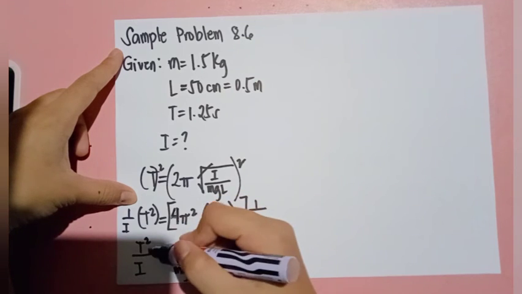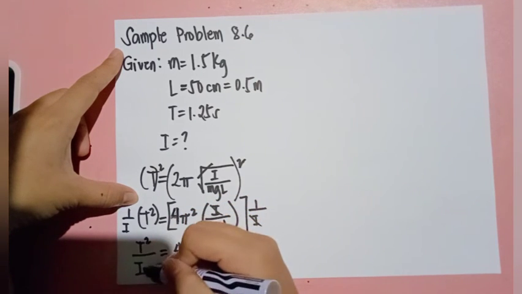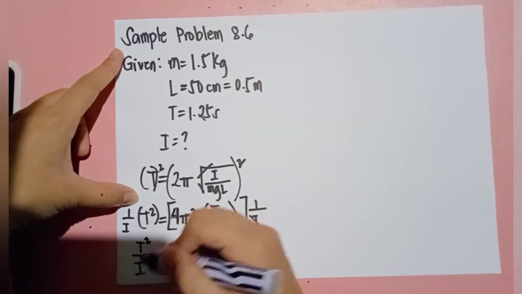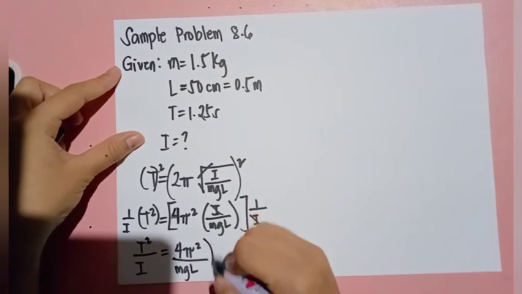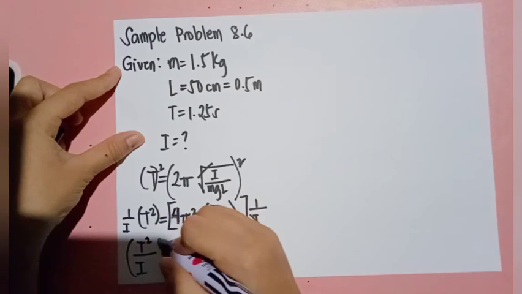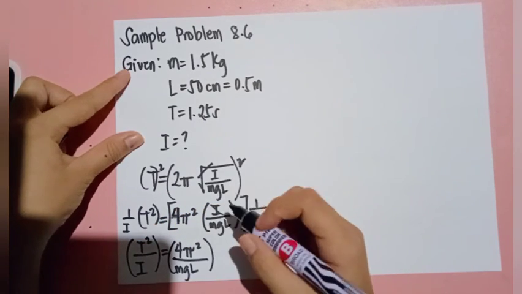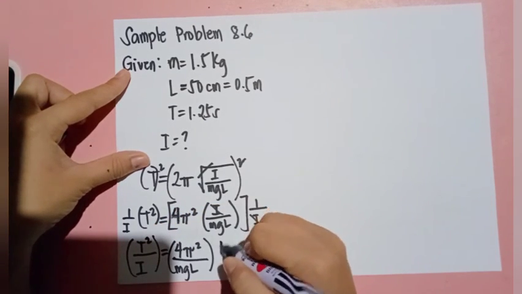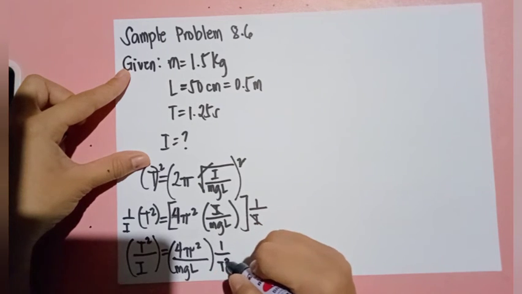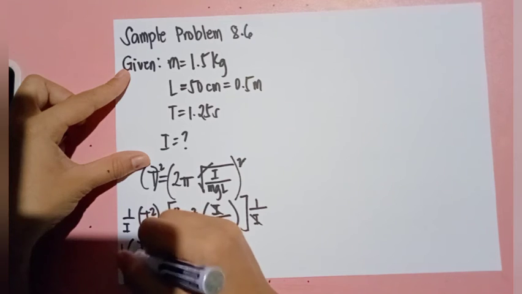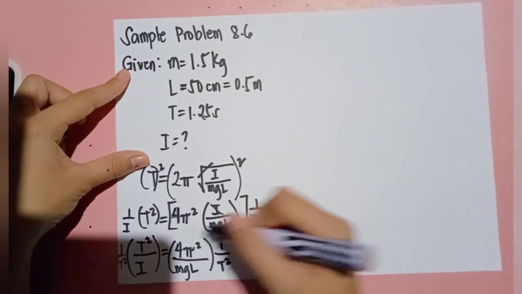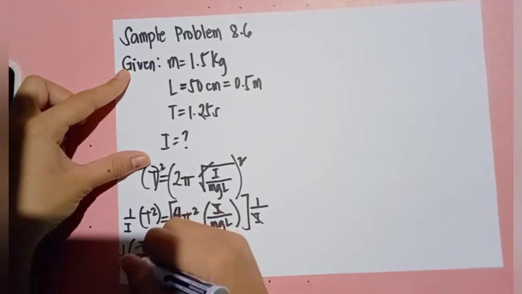And since we have to leave only the quantity I on the left side, we have again to multiply both sides by 1 over T squared. Cancel.